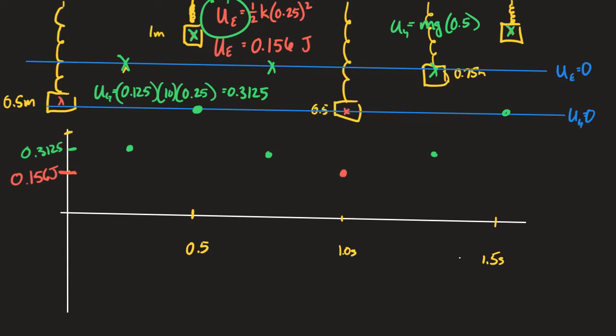So what does that mean for our graph? Something like that. With asymptotes at the 0.156 at the bottom and 0.8 something at the top.